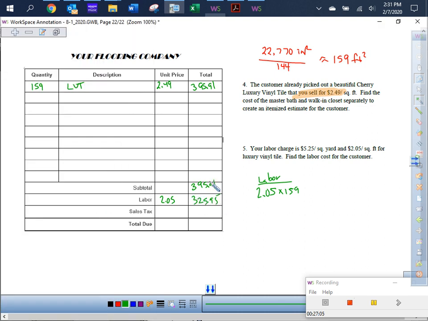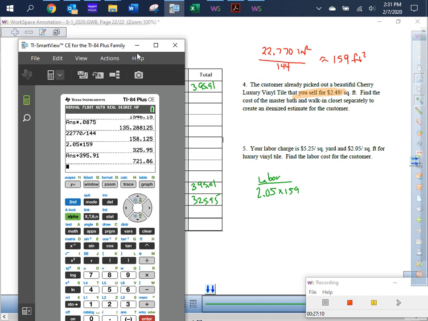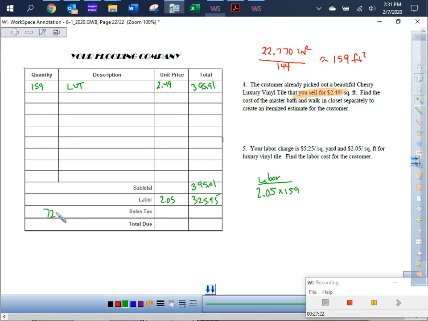And then sales tax. So I need to add those together. I got that there, plus $395.91. Grand total of $721.86. I'm going to put that over here, $721.86 times 0.0875.